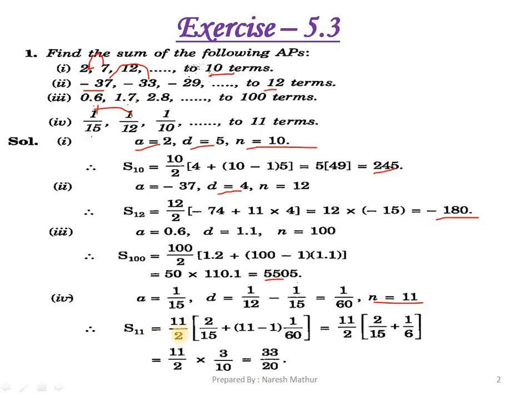Just put the values, n by 2, 2a plus (n minus 1) into d. 11 minus 1 equals 10, so 10 and 10 will be cancelled out. So 2 by 15 plus 1 by 6, and after solving this, we will get 3 by 10. Final answer is 33 by 20.